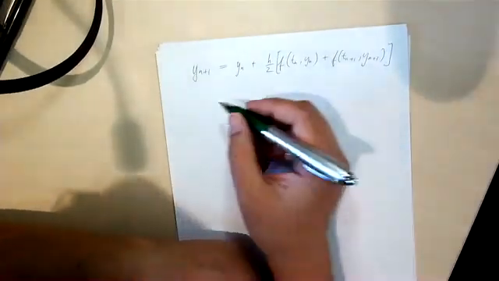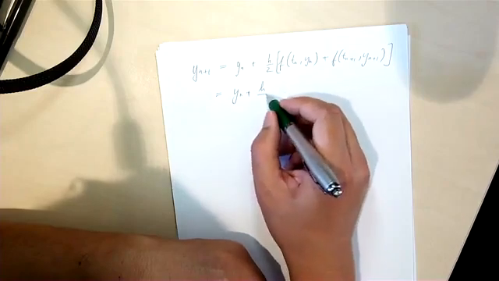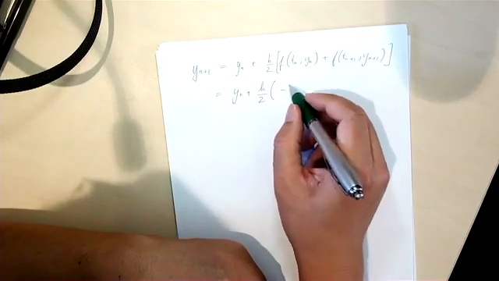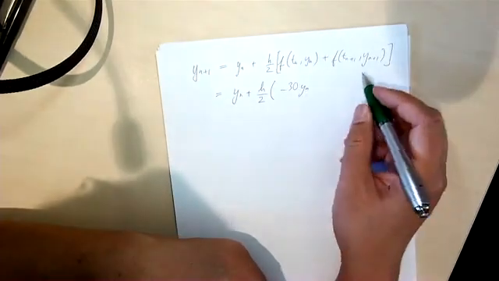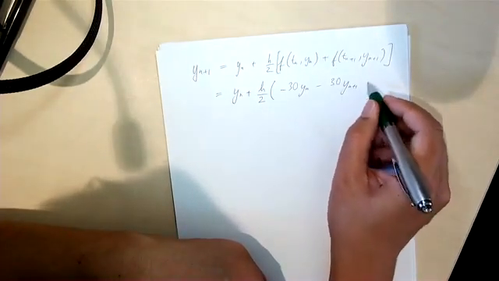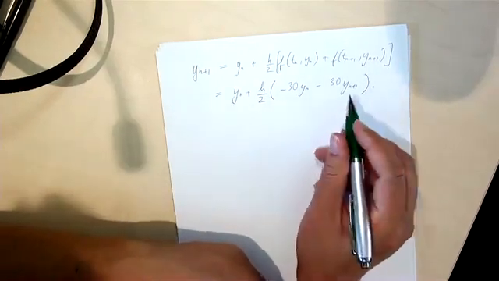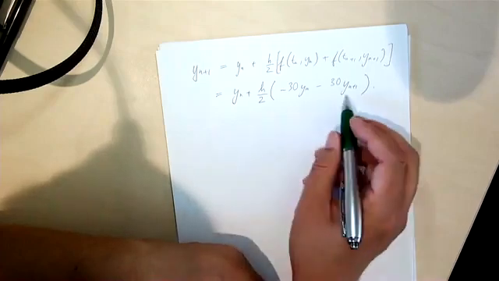Right? And in our case, f is minus 30 yn. So you got minus 30 yn here, and this one minus 30 yn plus 1. Right? So now you can rearrange it. You make yn plus 1 to the left.